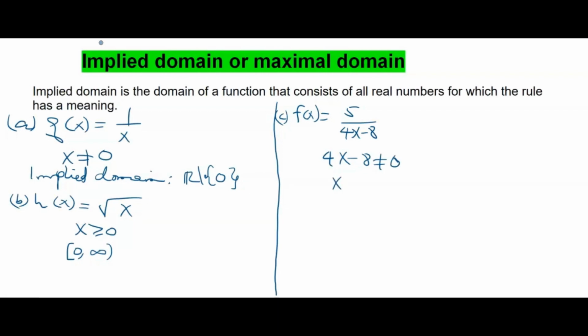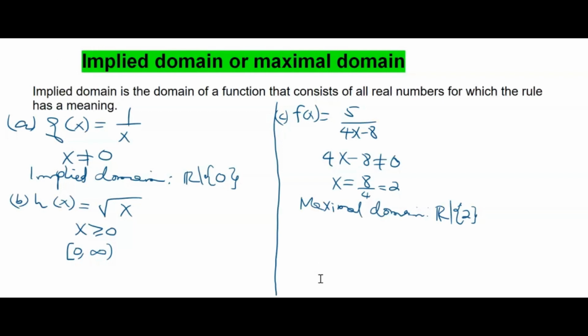So x equals 2 cannot be a solution, because that would be undefined. So my maximal domain will be all real values except 2.